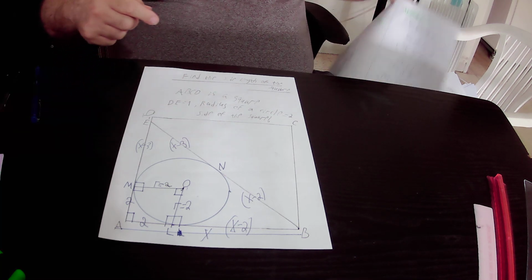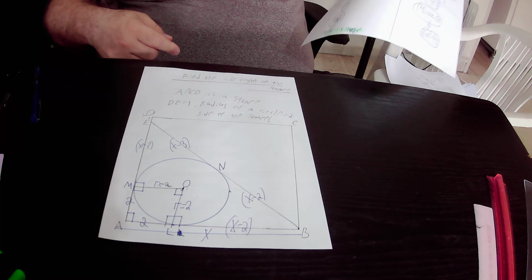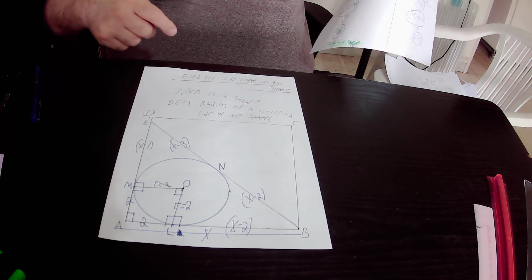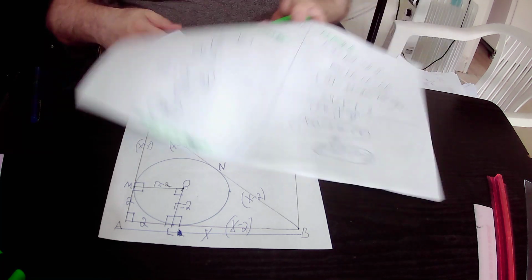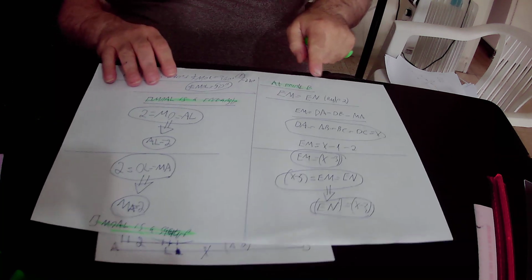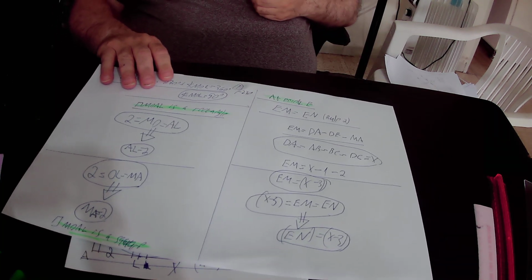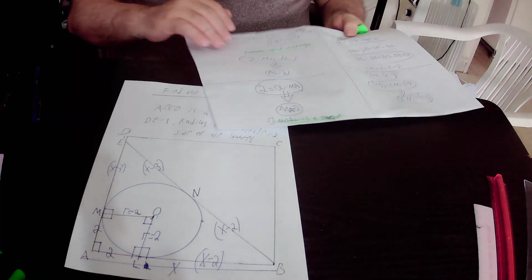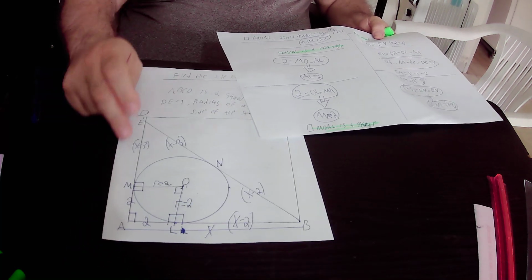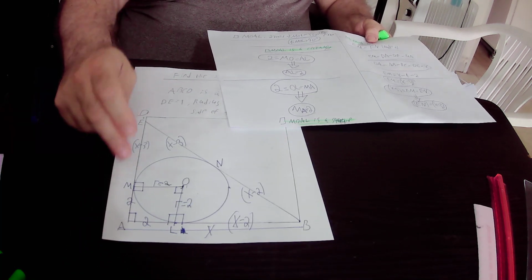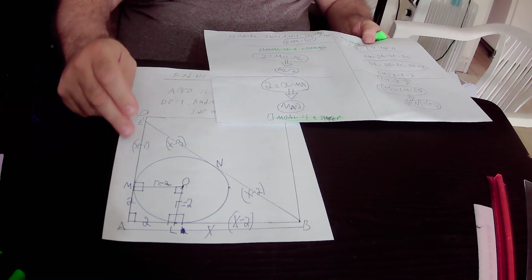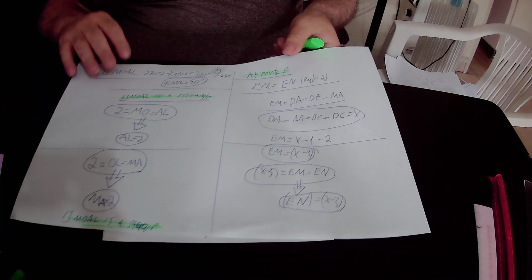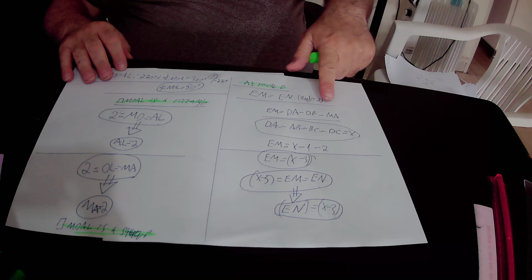According to rule number 2, the lengths of those 2 tangents are equal to each other, that is to say, EM equals EN. And what is the length of EM? The length of EM is DA minus DE minus MA.